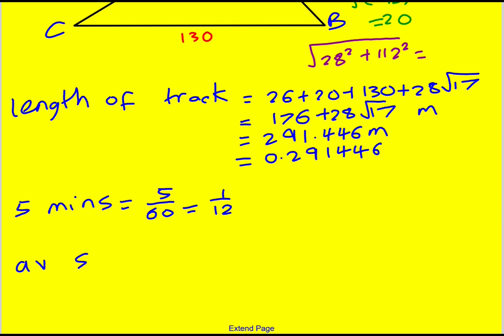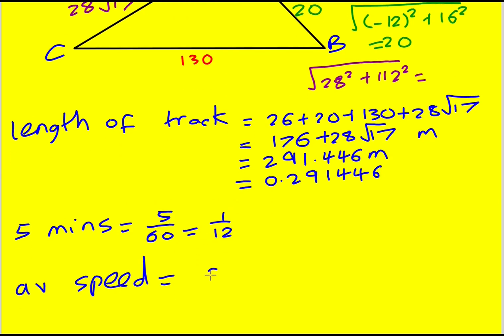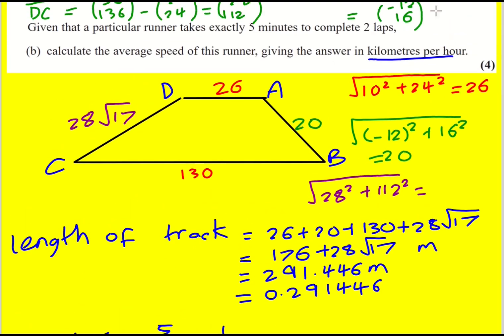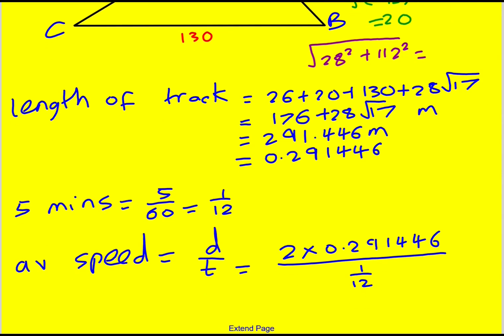Therefore average speed is going to be the total distance divided by the total time, distance over time. So we've got 2 times 0.291446, because we were told that they completed 2 laps of the track in 5 minutes. Divide that by 1 over 12, which is the same as timesing by 12.